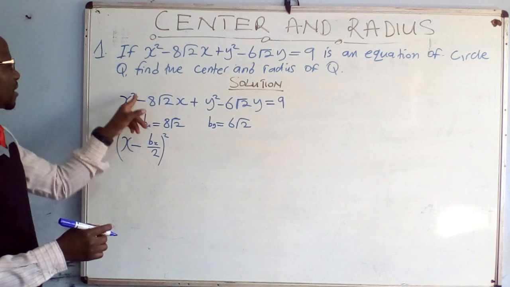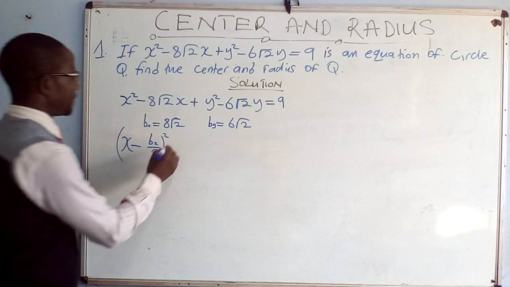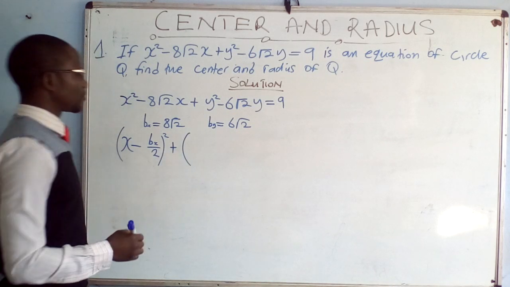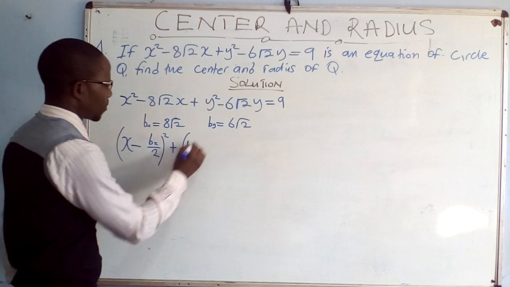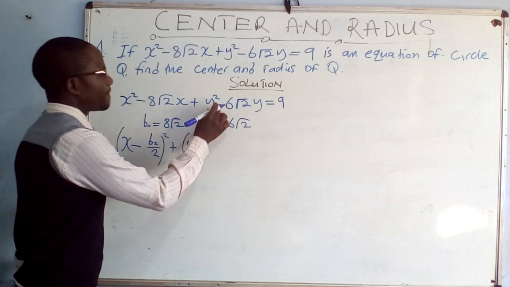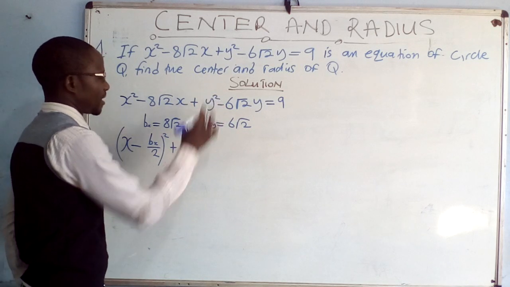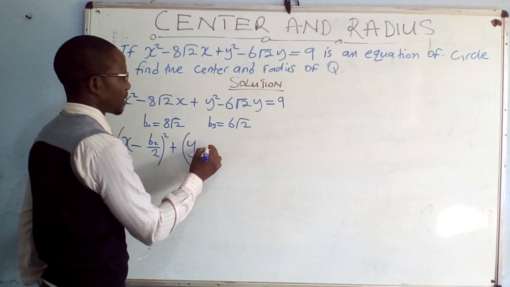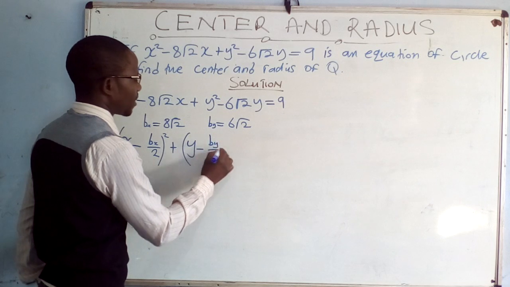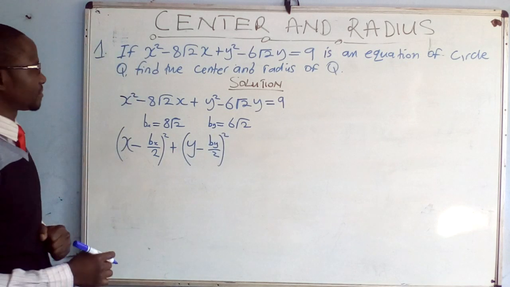This power is actually this one. Then plus. Now we have to go to y. You write y just like we wrote x. The mathematical operation after y squared is minus. So we write a minus. Then b in terms of y over 2, then power 2.